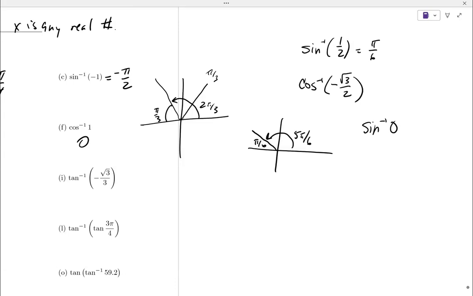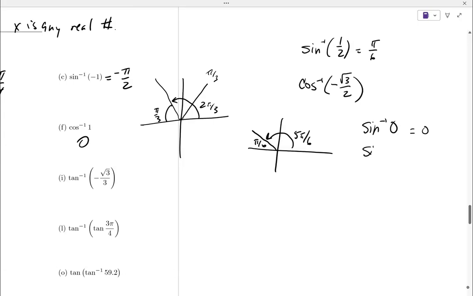I think you're just thinking of the wrong angle. What angle has a sine value equal to 0? It's 0, right? So that's why it was 0.